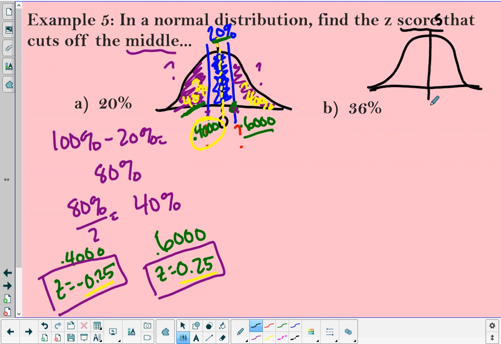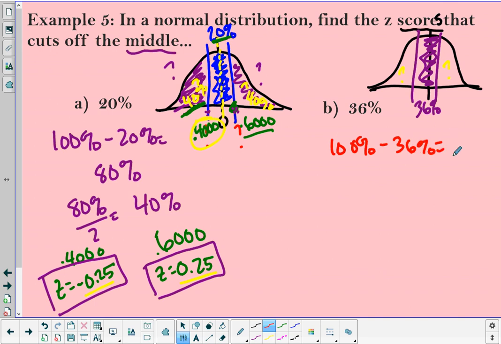So again, there's my curve, there's my line. I want the middle 36%. It's kind of an awkward number, but here we go. So this is 36%. So the question is, how much data is over here and how much data is over there? Well, if you want the middle 36%, you take 100% of the data and subtract 36% of the data, because that's what you want.